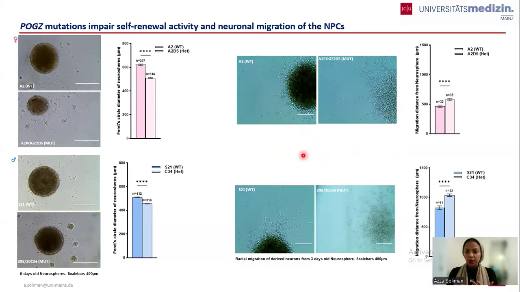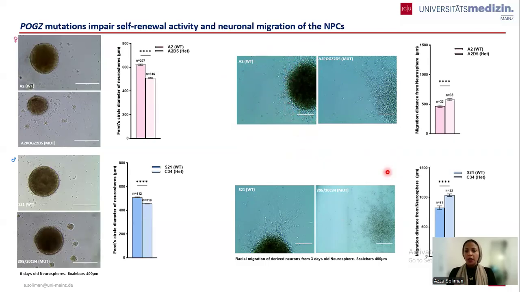So we push the MPCs of the neurospheres to become neurons by changing the media, and then after 2 days, the cells started to migrate outside of the neurospheres.